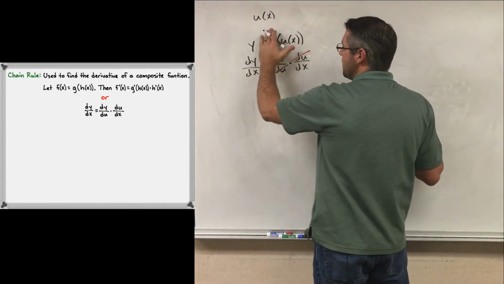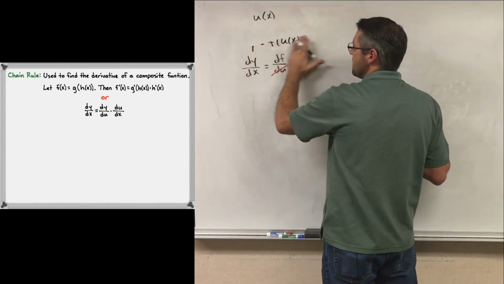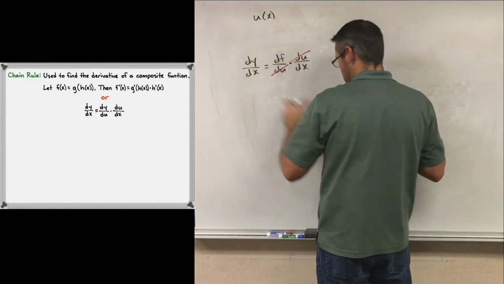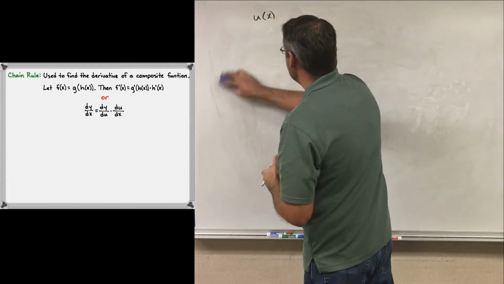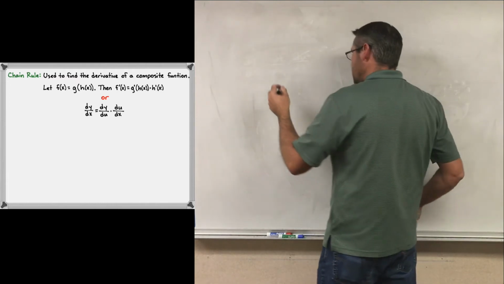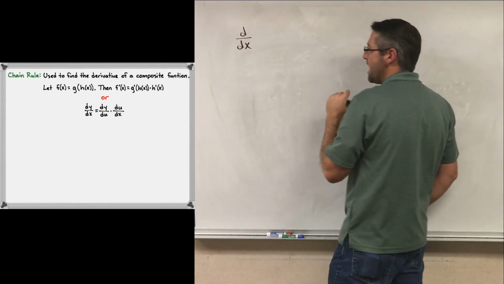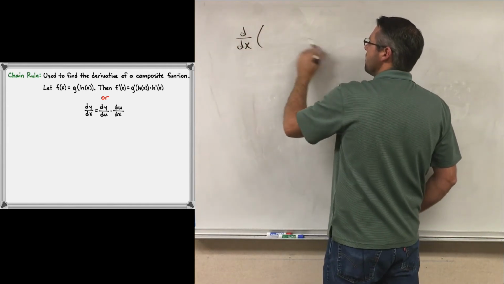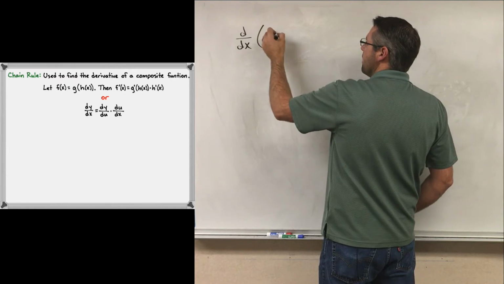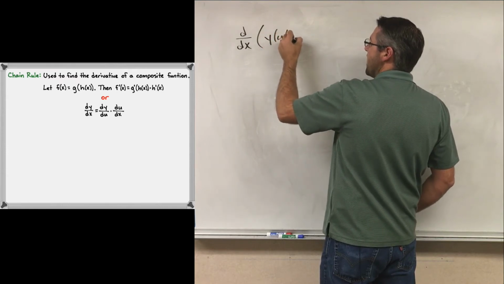It might be better to just say this, okay? Maybe I'll rewrite it this way. Maybe look at it in a different light. Instead of saying y equals, let's say I want the derivative in respect to x of y of u of x.